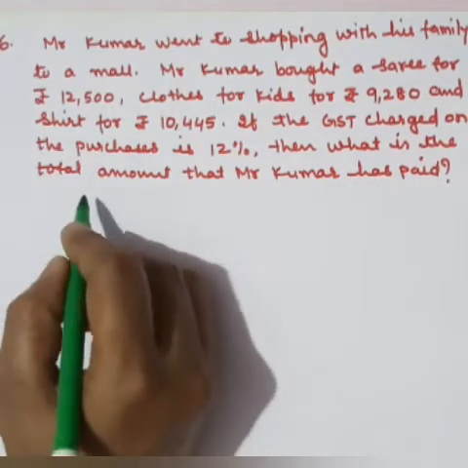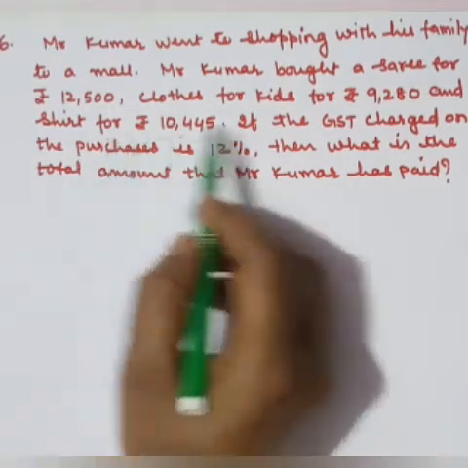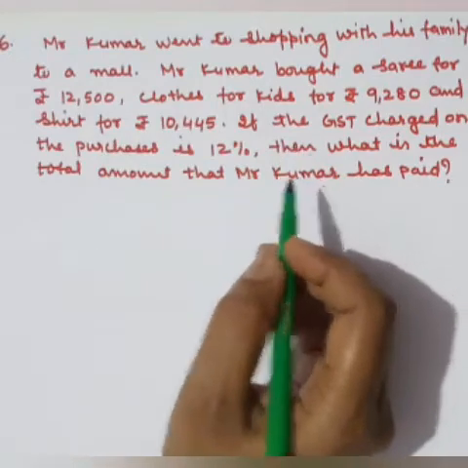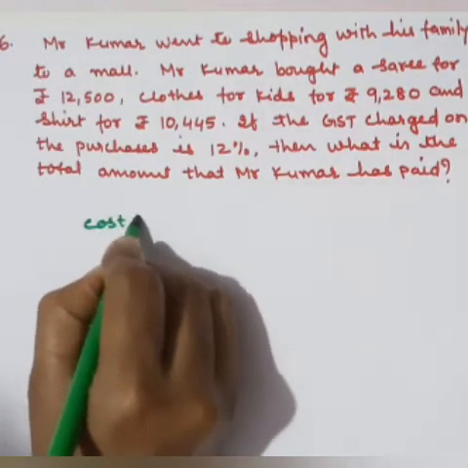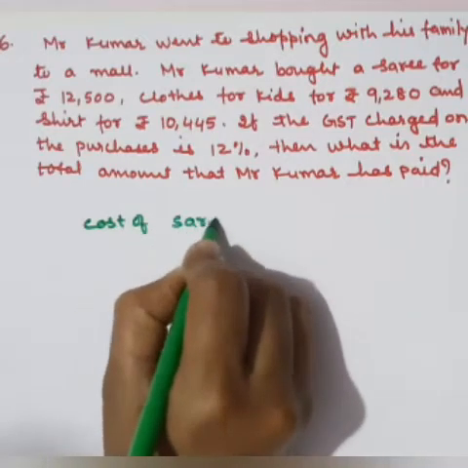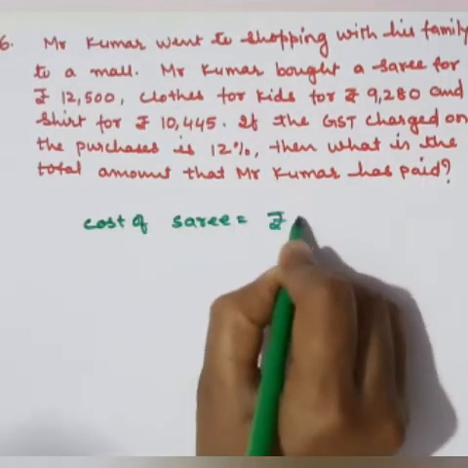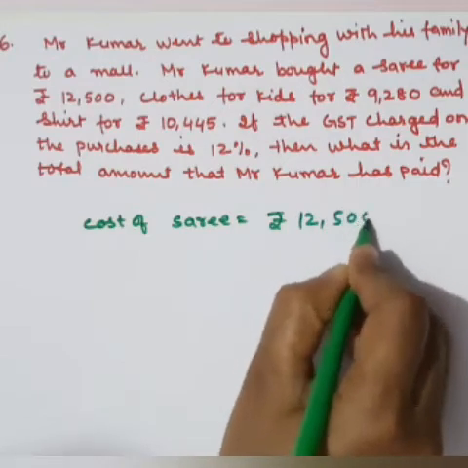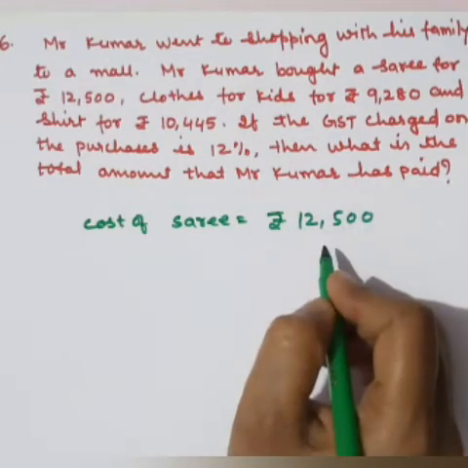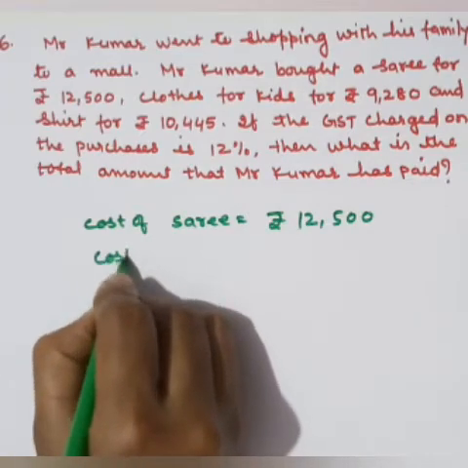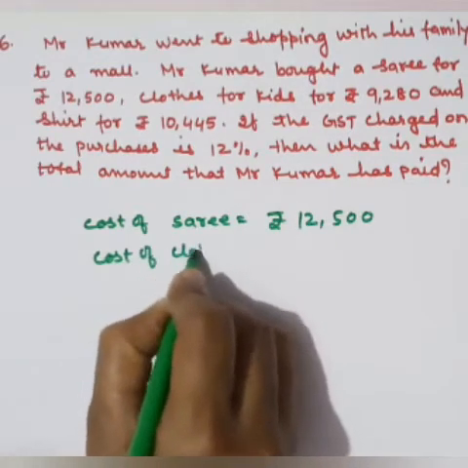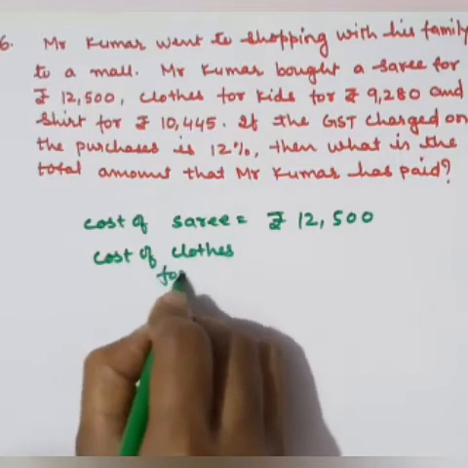First of all, let us count the cost of all the things purchased by him. So, cost of saree. How much is it? Rupees 12,500. The shopkeeper will make the receipt like this only. Then, cost of clothes for kids.